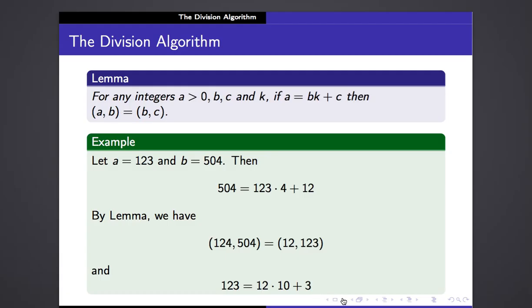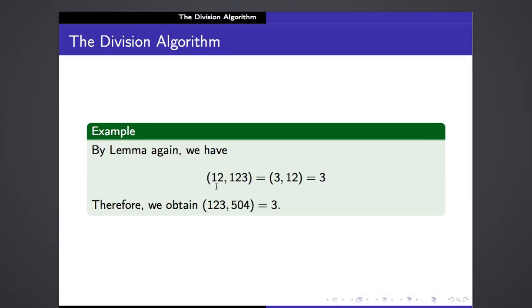Applying this lemma again, what we have here is the greatest common divisor of 12 and 123 is the same as the greatest common divisor of 3 and 12. And 12 happens to be a multiple of 3, so the GCD is 3. So therefore, we obtain the greatest common divisor of 123 and 504 equals 3, right?